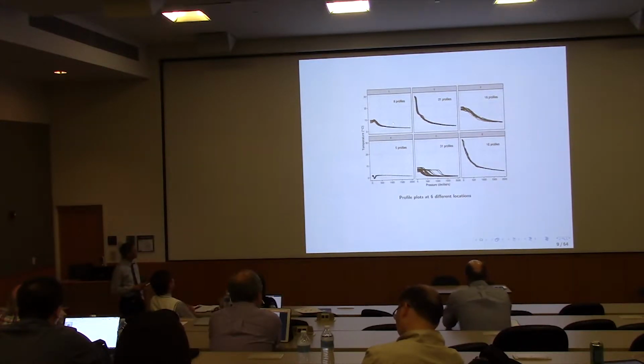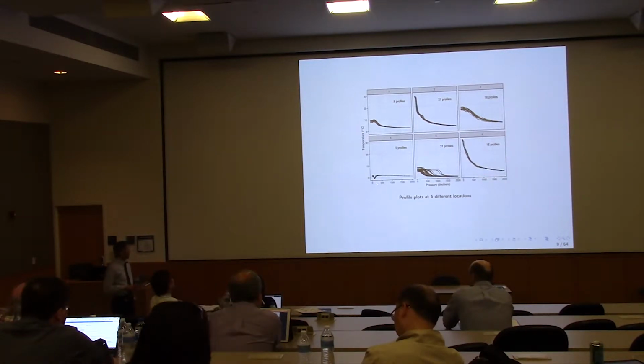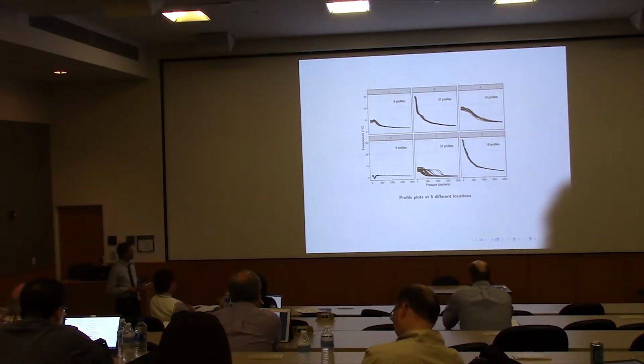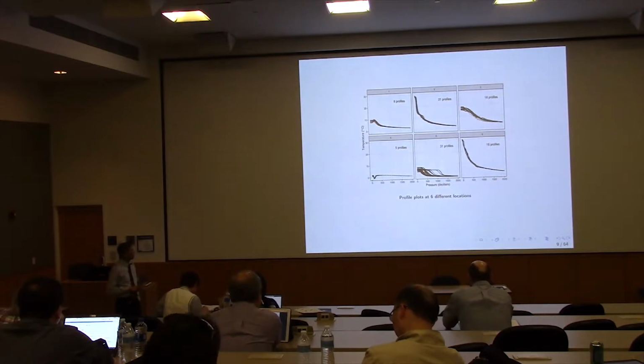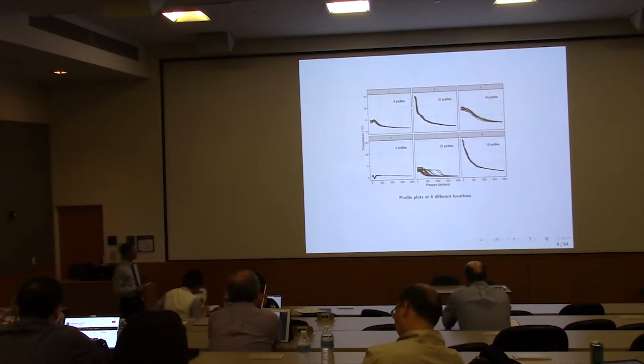Generally speaking, temperature goes down with depth, but at some places, like here, which is perhaps close to Antarctica, the temperature goes down first and then comes up a little bit, and afterwards it continues to go down.